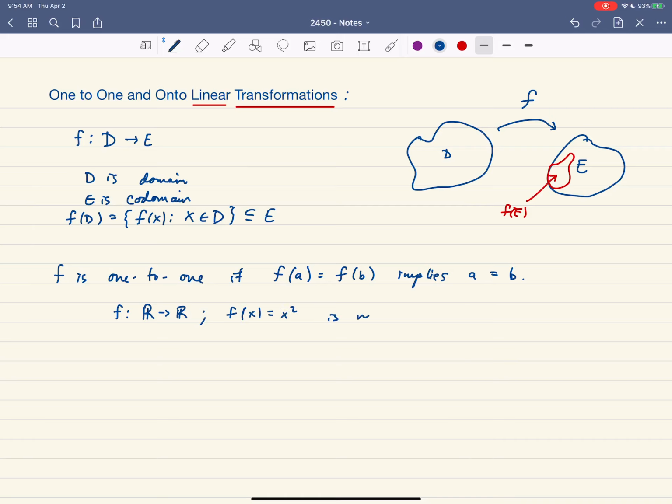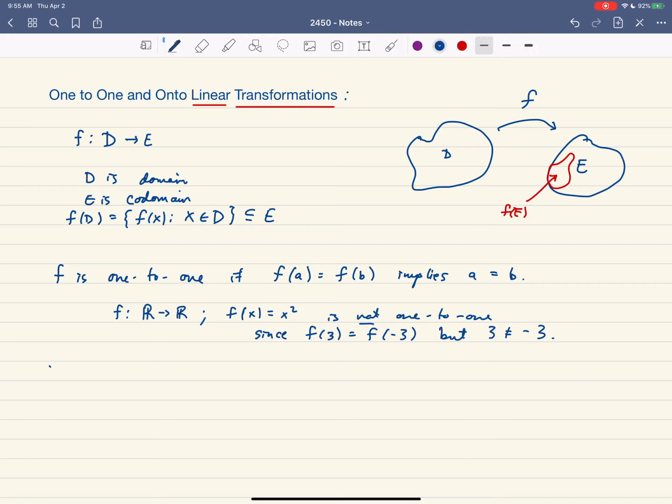This is not one-to-one, since you can find two different inputs, say 3 and negative 3, that have the same output. Here, f of 3 and f of negative 3 are equal, but obviously 3 is not equal to negative 3. In this case, they're both 9, because the function is y equals x squared.